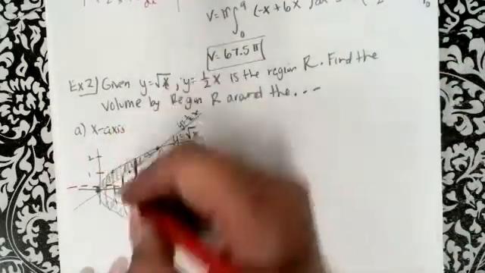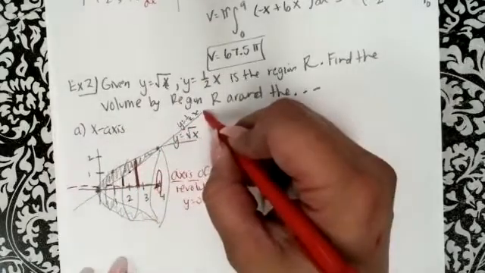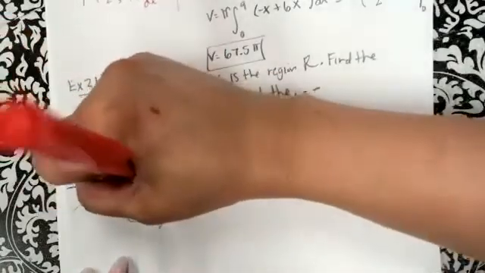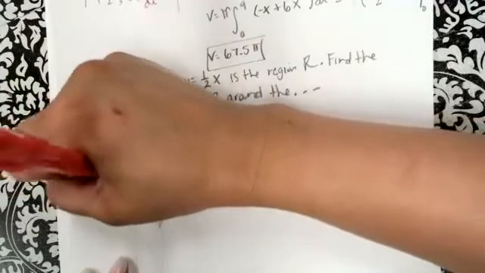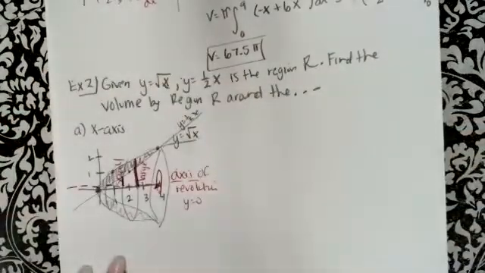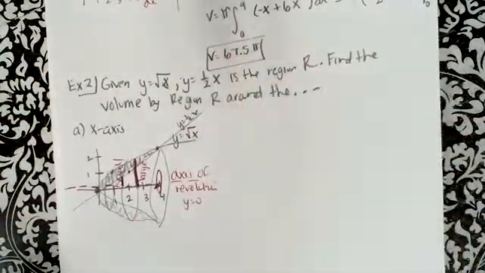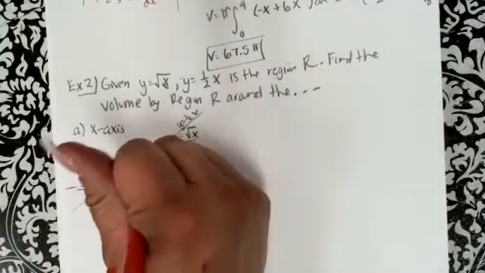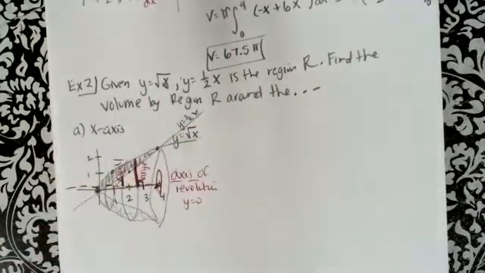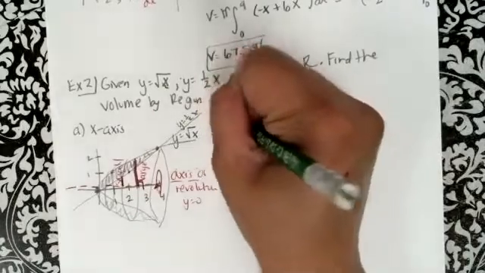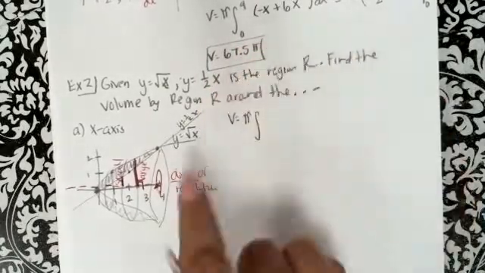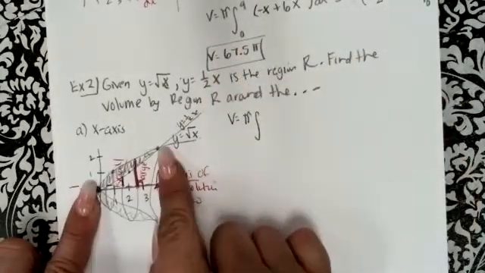The small one is going to be the 1/2 x. So this is the large, this is the small. This is a dx problem because it's perpendicular to the axis of revolution. This is going from 0 to 4.